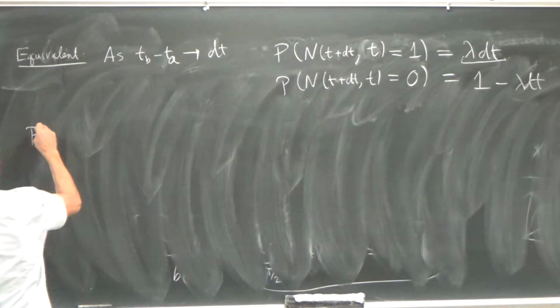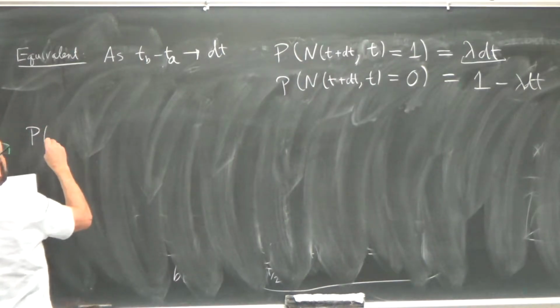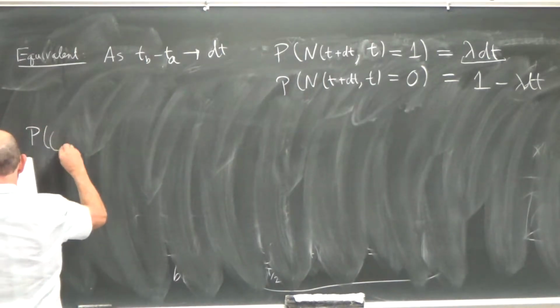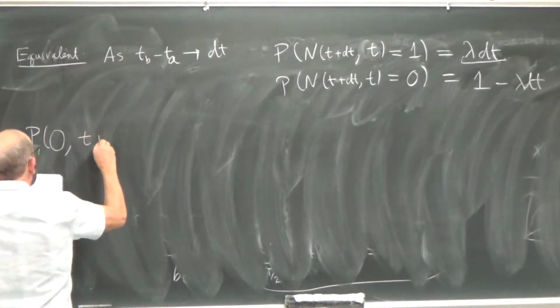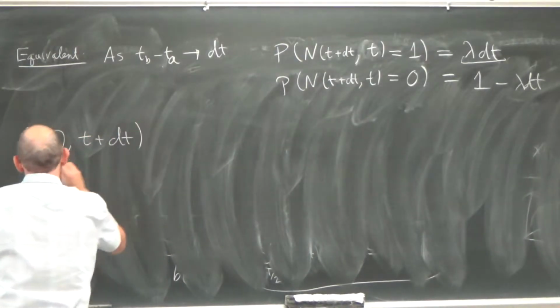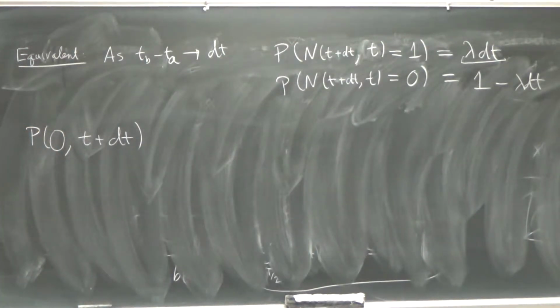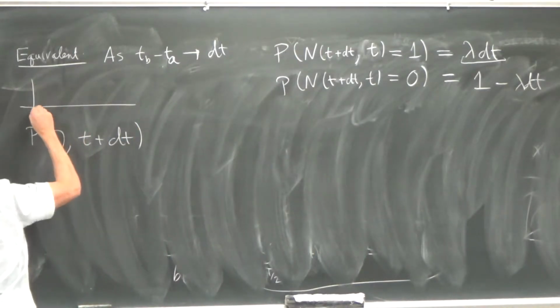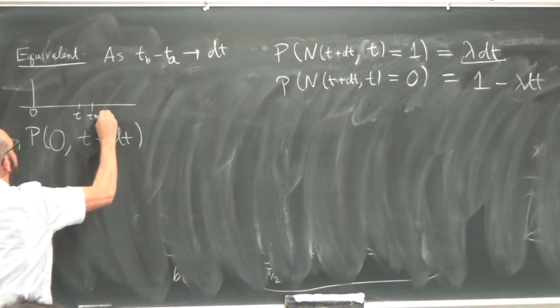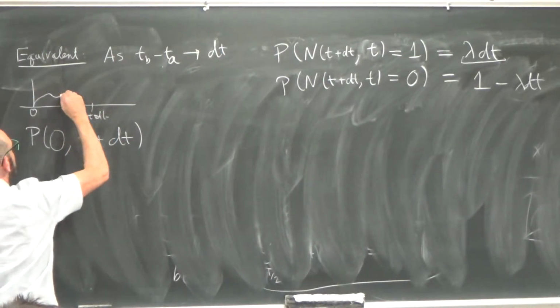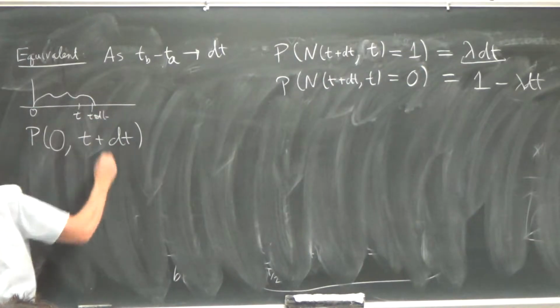So the probability that I'm going to see no counts. I'm going to draw this picture over here. Here's 0, here's t plus dt. I want to say, what's the probability that I'm going to see 0 counts in that time interval?